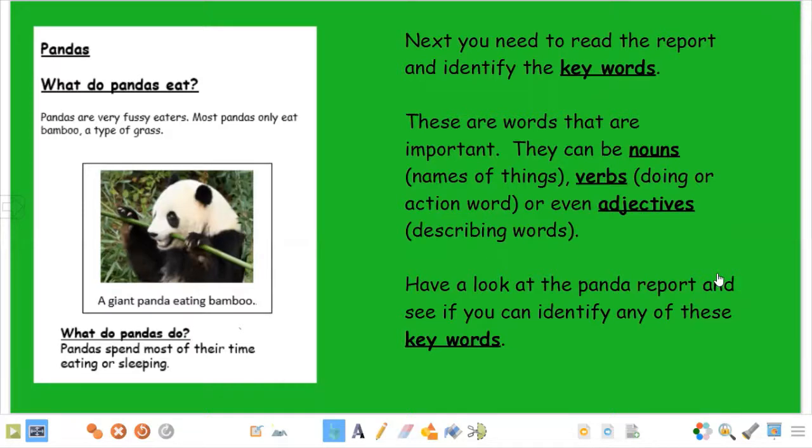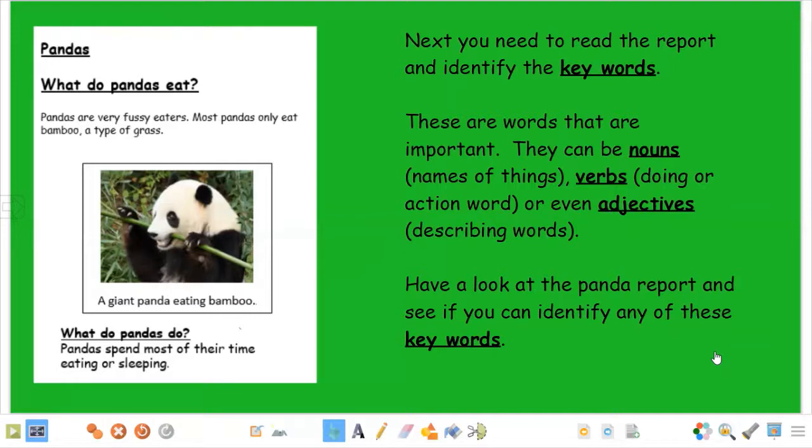texture. So what you need to do now is have a look at the Panda report and have a go at identifying any of these keywords. So what you need to do is look at one section first and then look at the next section. So it might be a good idea to get a piece of paper now and see if you can have a go at making a list of words that you can find in each section.